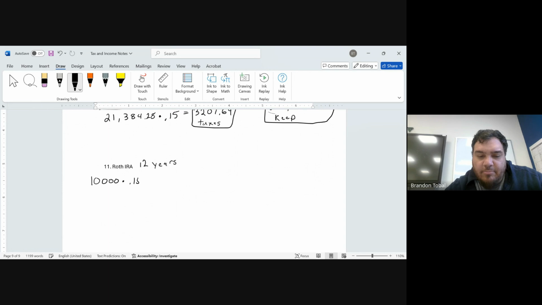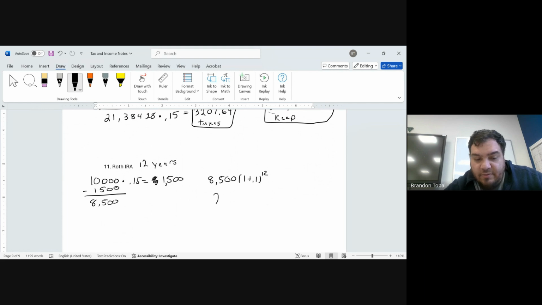So that's 0.15, which means I lose $1,500. Take 1,500 away from that, that means 8,500 is how much I keep after taxes. Now I use the same formula, but in this case I start with 8,500, 1 plus 0.1 to the 12th power. So 8,500 times 1.1 to the 12th power.